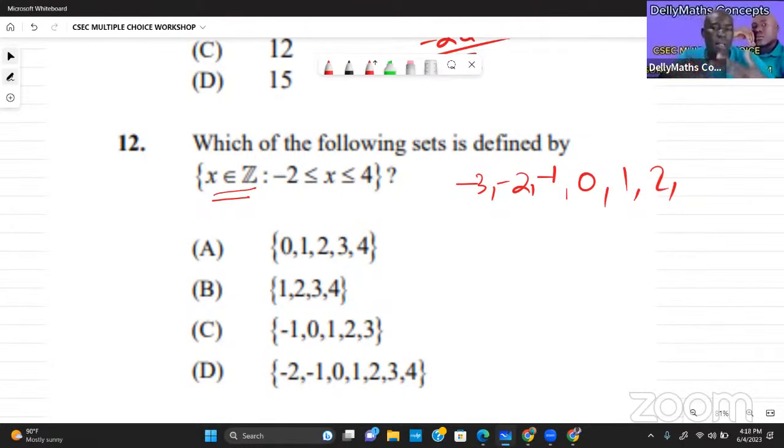There's no decimal, there is no fraction. So when you read this, you're coming from -2 all the way to +4, and you're looking at integers, whole numbers and the negative of the whole numbers.